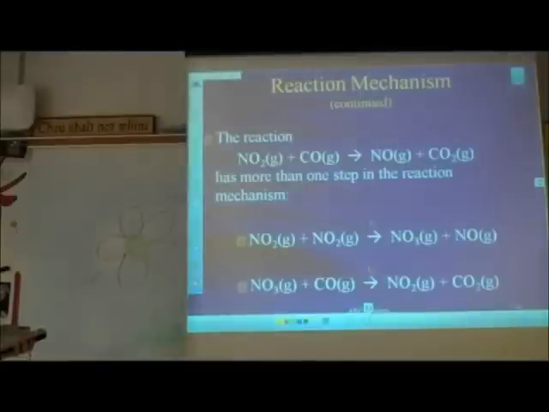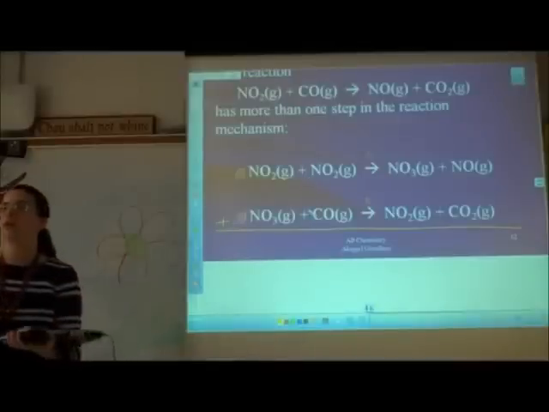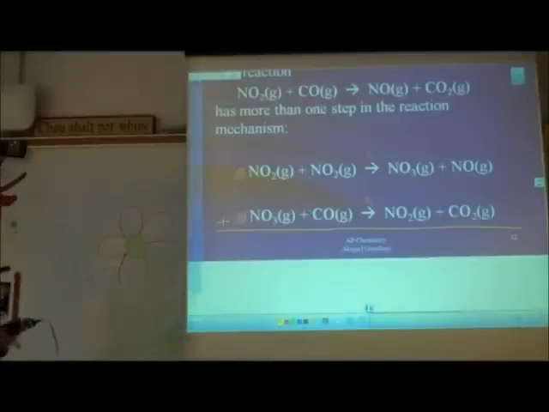And we're going to do something that we have done before. I'm going to add these 2 elementary steps together. And if you recall, when you're adding reactions together, you can cancel out things that occur in identical form on opposite sides of the arrow.